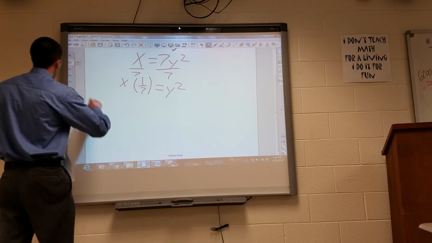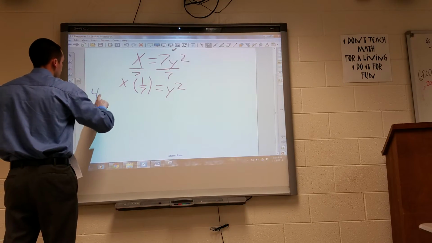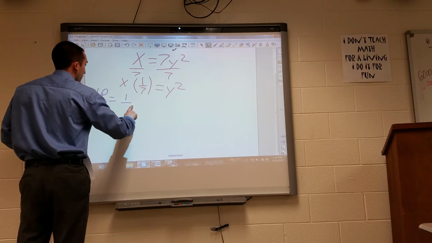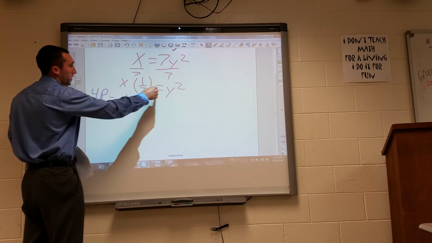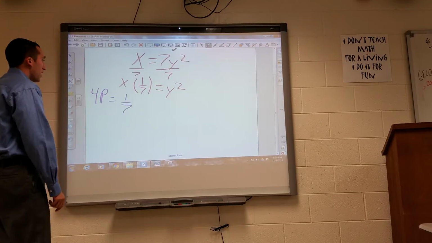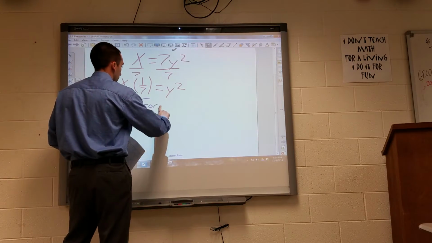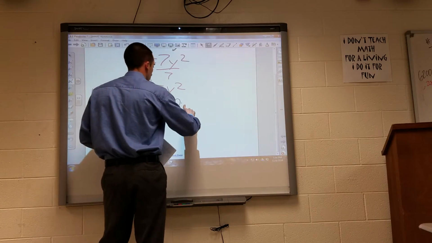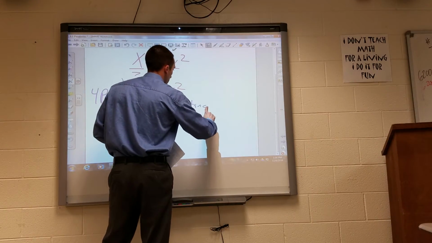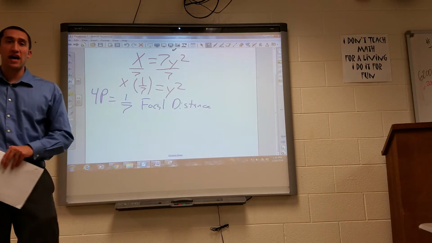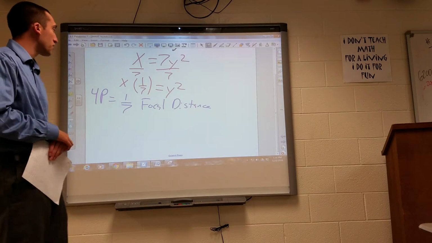So we know that 4p equals 1/7, right? Because x times 4p equals y squared. And so 4p, this is the focal distance. And I'll show you when we get to the graph exactly what the focal distance means.